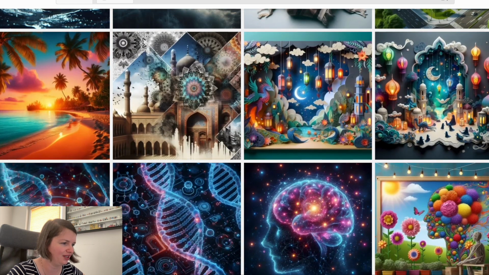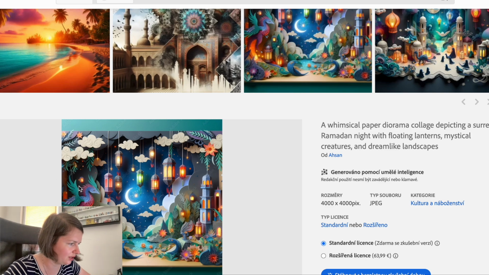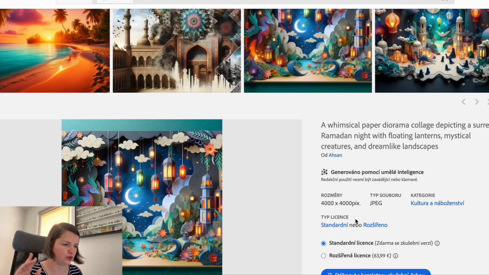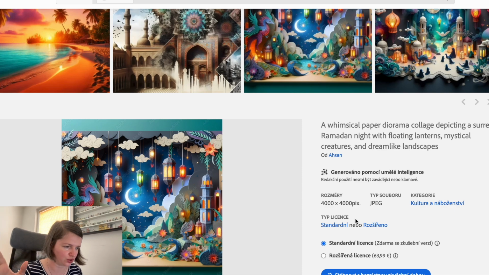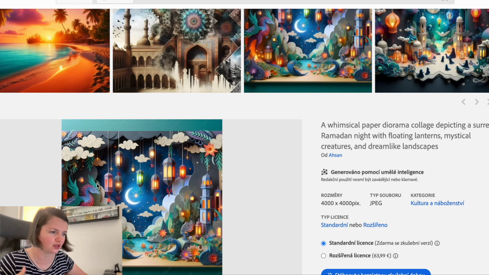So these festive images are supposed to be for Ramadan. It's not bad, but again, I would not do the squares. And you are adding mystical creatures. I'm not an expert on Muslim culture, but I've never seen in this kind of Ramadan images someone depict a dragon or something. So is there a reason?